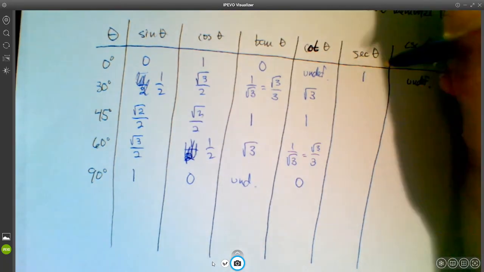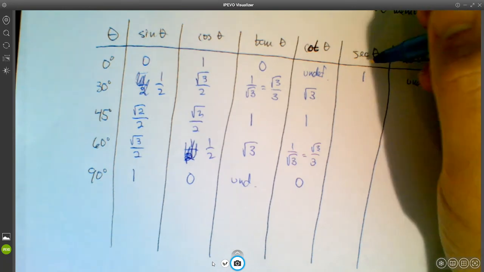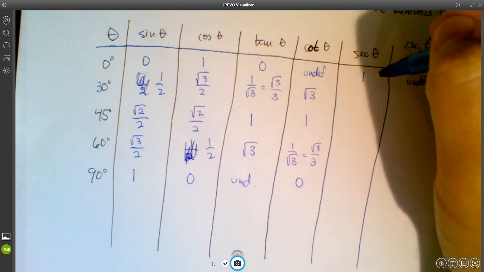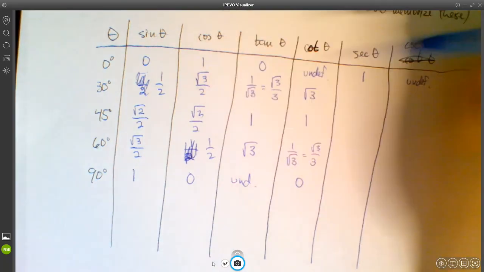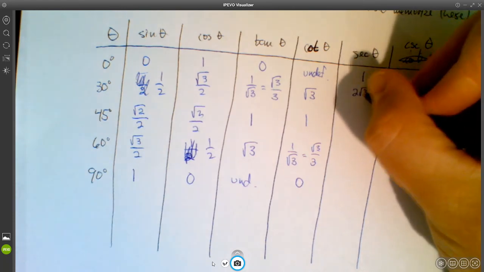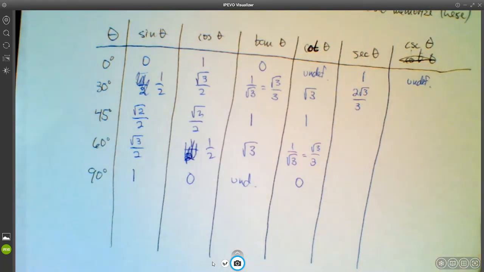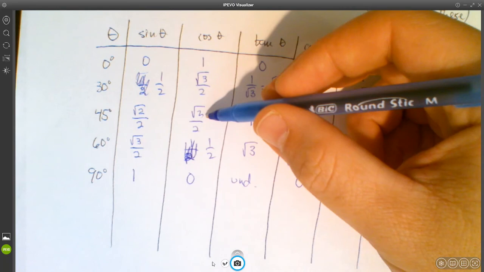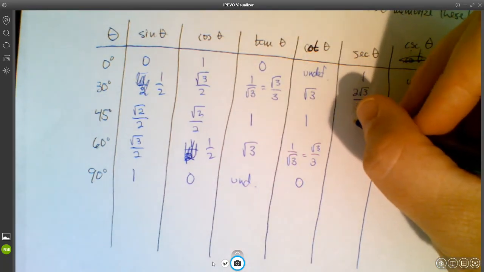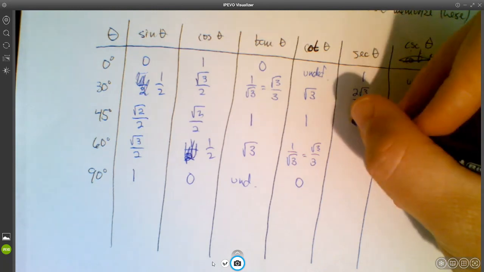Anyway, let's do secant and cosecant. Secant is 1 over cosine, right? 1 over 1 is 1. 1 over root 3 over 2, that's just 2 over root 3. Or in other words, 2 root 3 over 3, if you rationalize it. 1 over root 2 over 2 is 2 over root 2.